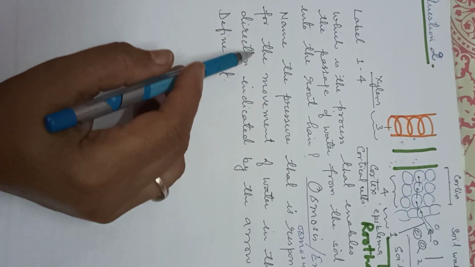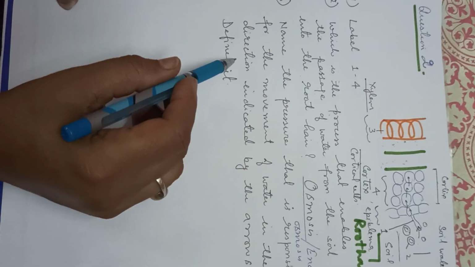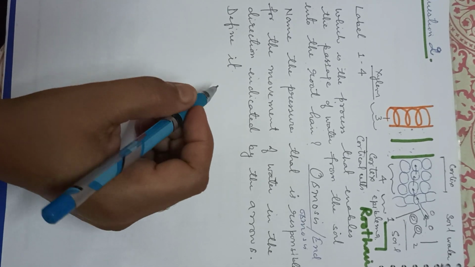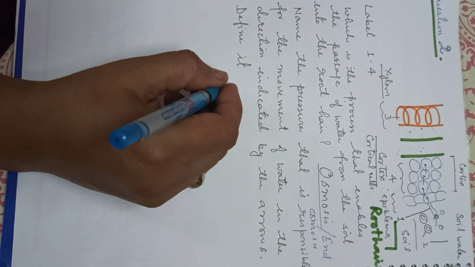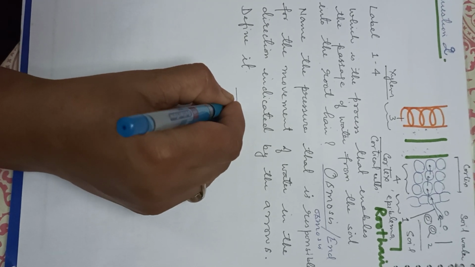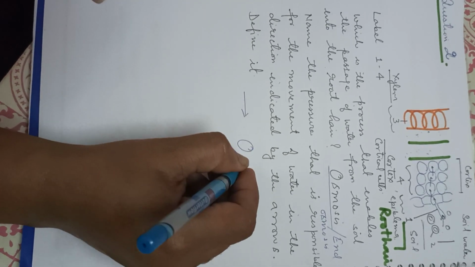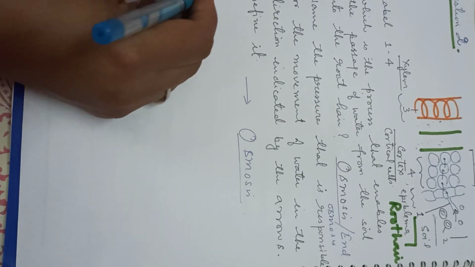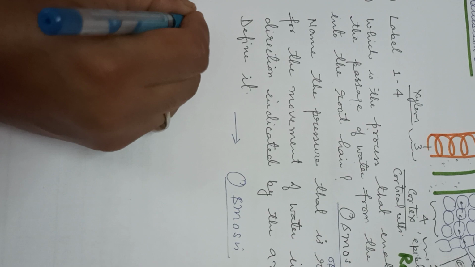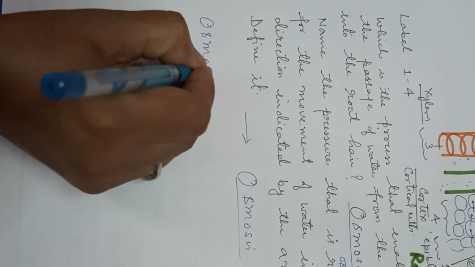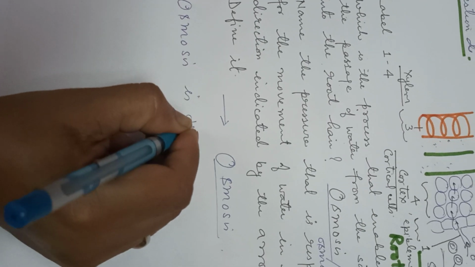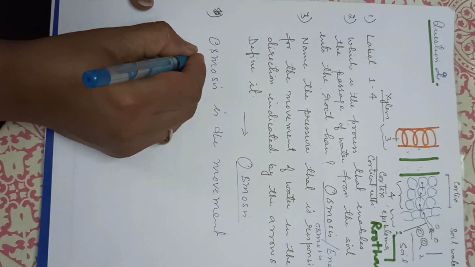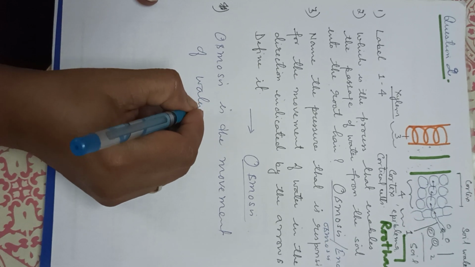Then name the process that is responsible for the movement of water in the direction indicated by the arrows and define it. We will use the term osmosis, and in what way are we going to define that? Osmosis is the movement of water molecules.